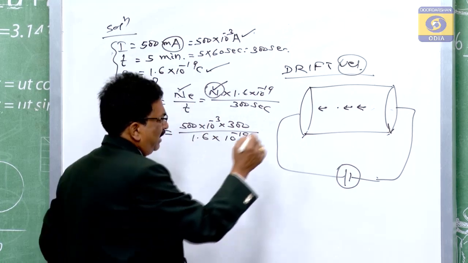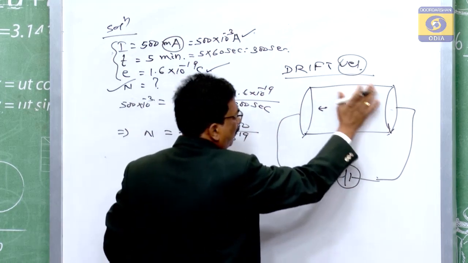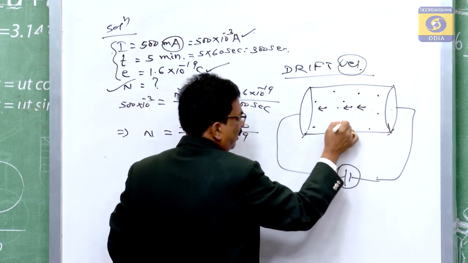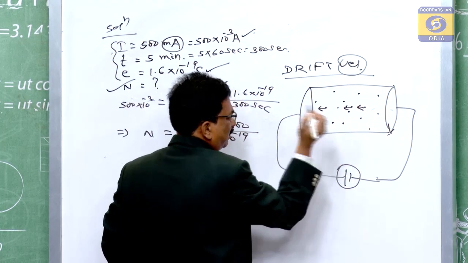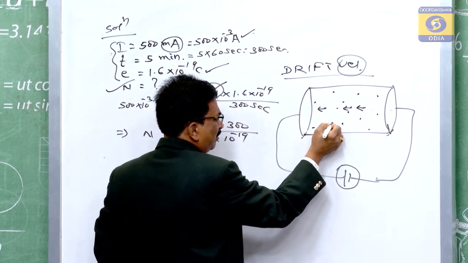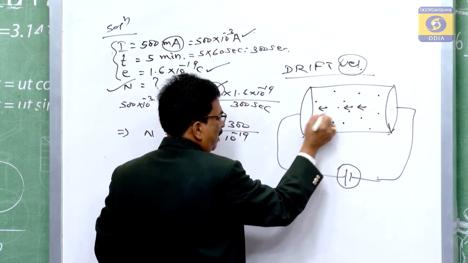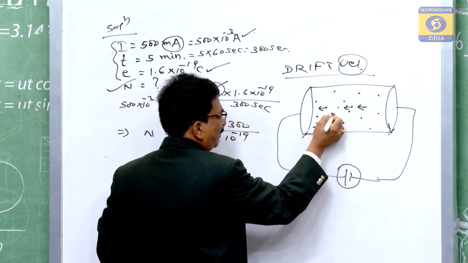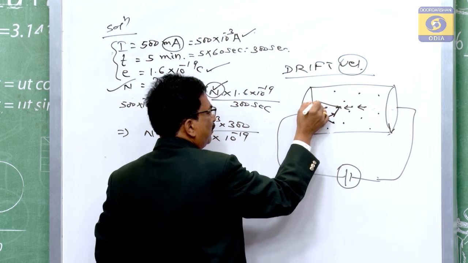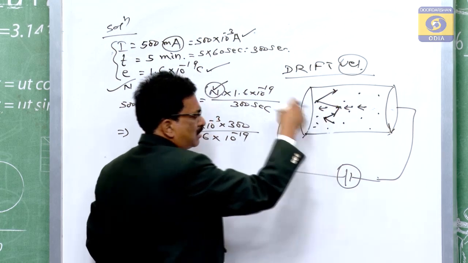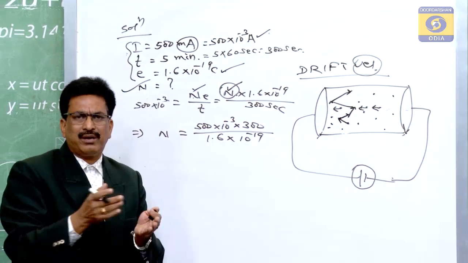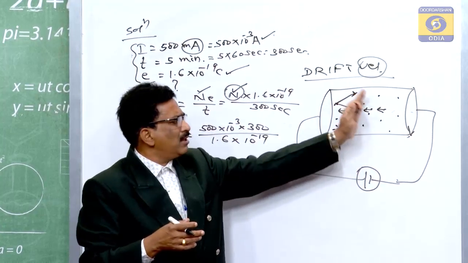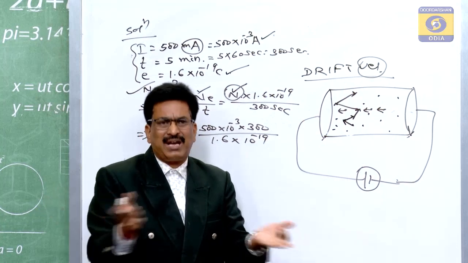Due to their acceleration, these electrons will bombard with themselves. If you start with one electron in motion, and it goes there and makes one bombardment, then it will bombard with that one, then with this one, then with this one. So such bombardments are going on among these electrons, and their numbers are so high.